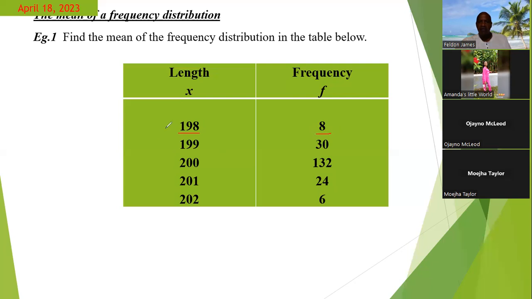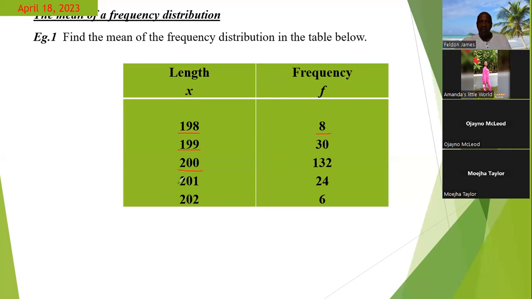So it means that you have 8 of these values, 198, right? The value of 199, that occurs 30 times. So you have 30 of those. The one which is 200, that occurs 132 times, right?